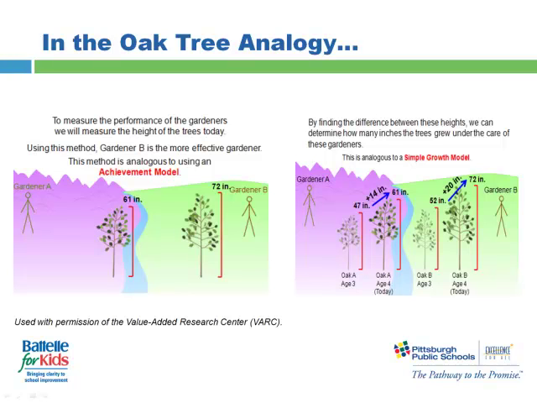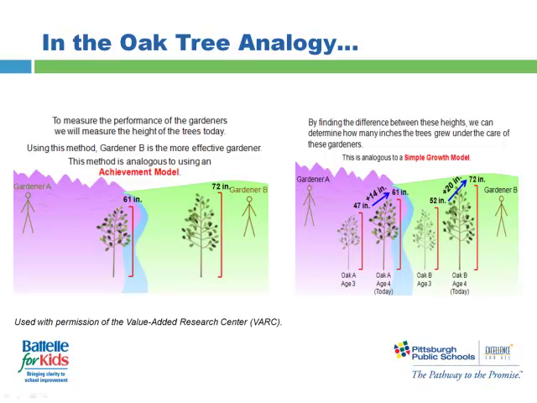As you recall from the oak tree analogy, we explored 3 different measures: achievement, simple growth, and value added. We also explored student growth in comparison to measures of effective gardeners. Starting with achievement, we will look at the height of the trees to determine the most effective gardener.